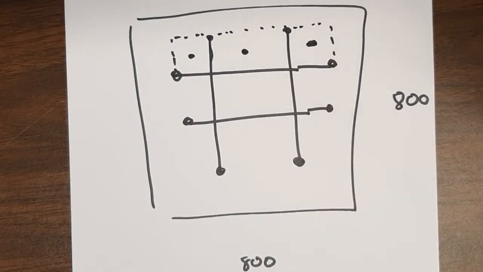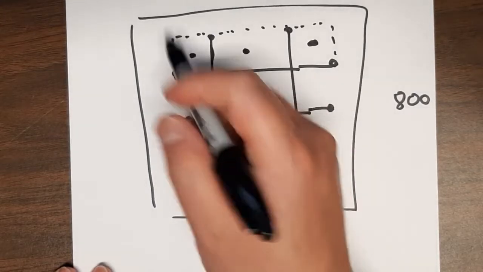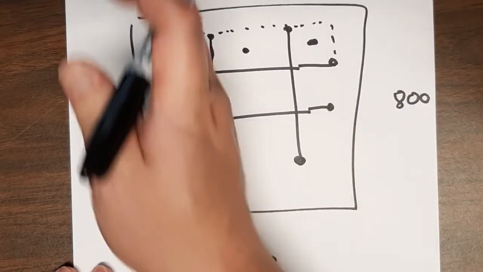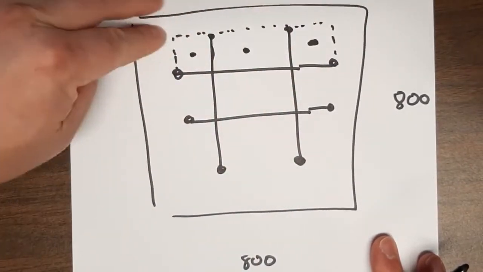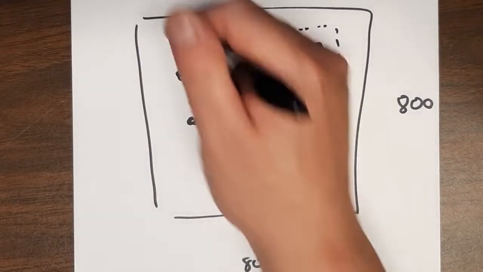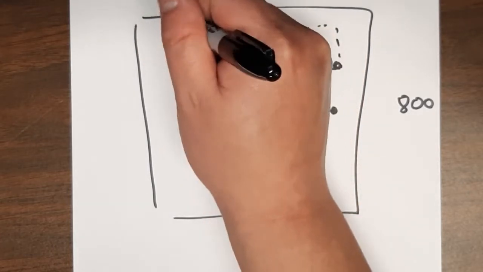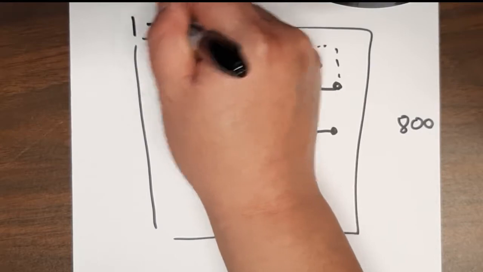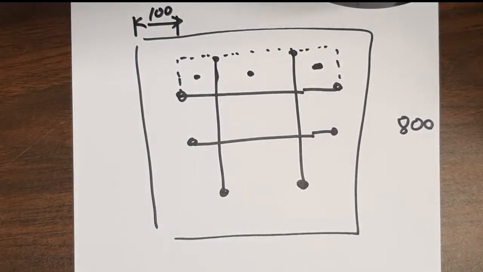So how do you figure it out? Well, you can do some calculations before you start drawing and say, okay, I want a gap so that it's not going to the border, and I want this gap to be, say, for example, 100, right?